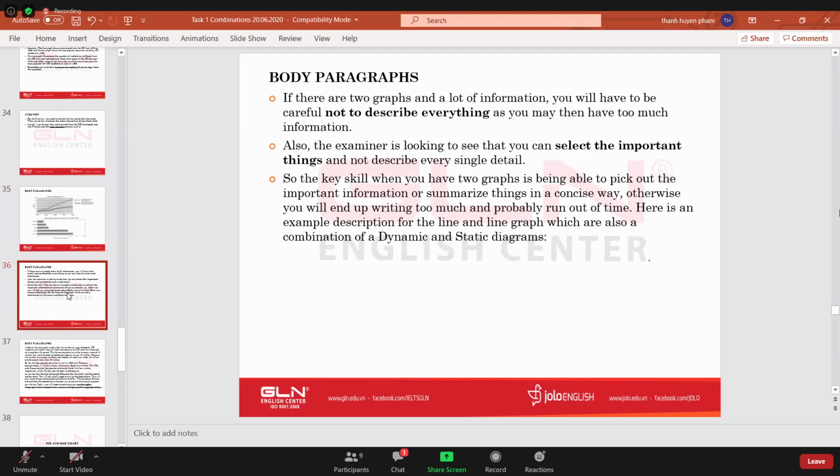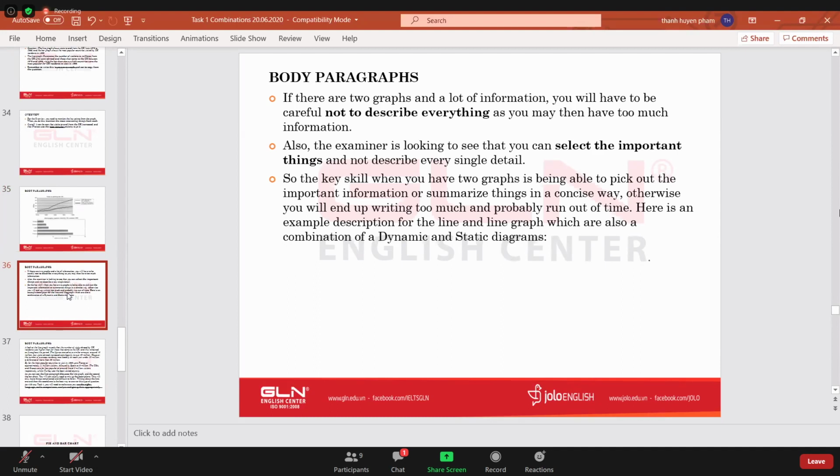Body paragraphs. So if there are 2 graphs and a lot of information, you'll have to be careful not to describe everything, as you may then have too much information. So as I mentioned before, the examiner is looking to see you can select the most important things and not describe every detail.